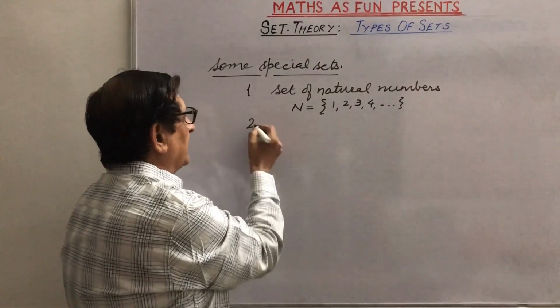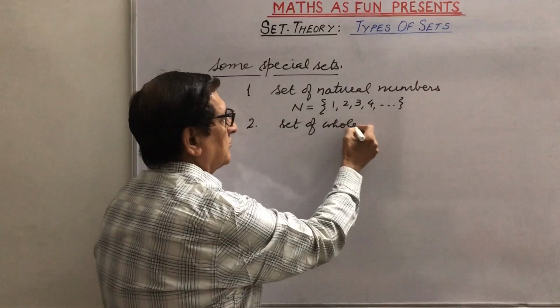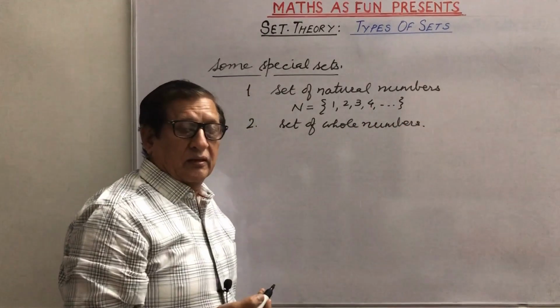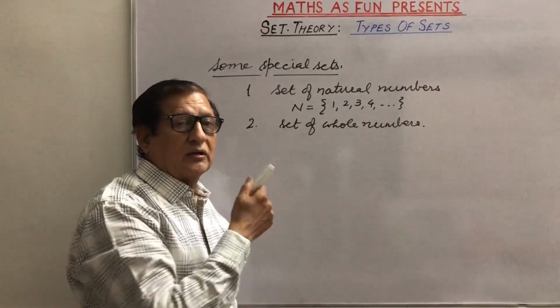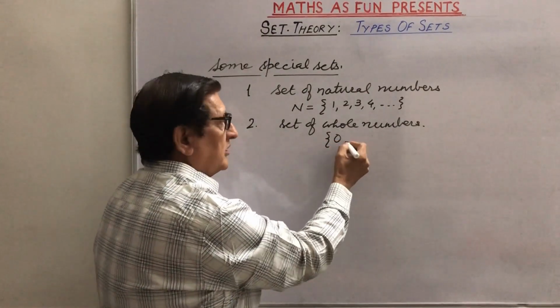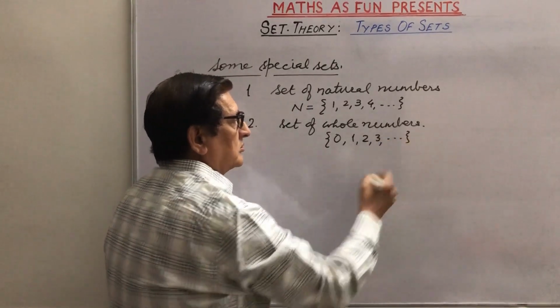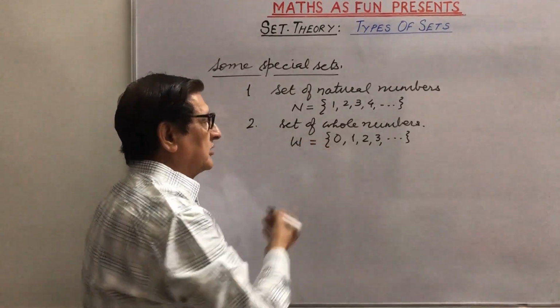Second set we have is the set of whole numbers. We have already learnt in the number system what whole numbers are. Whole numbers start with 0, that is 0, 1, 2, 3 and so on. This is represented by capital W.